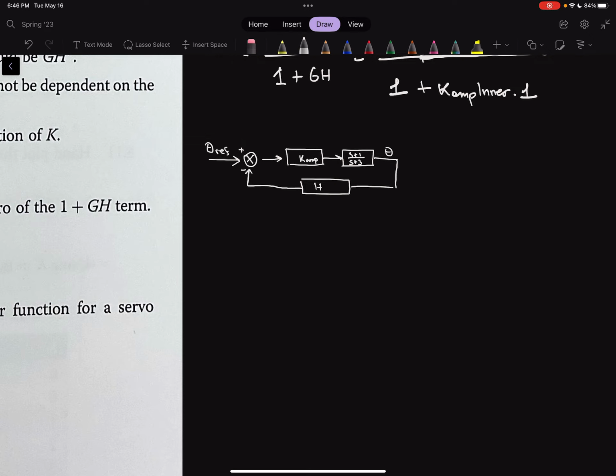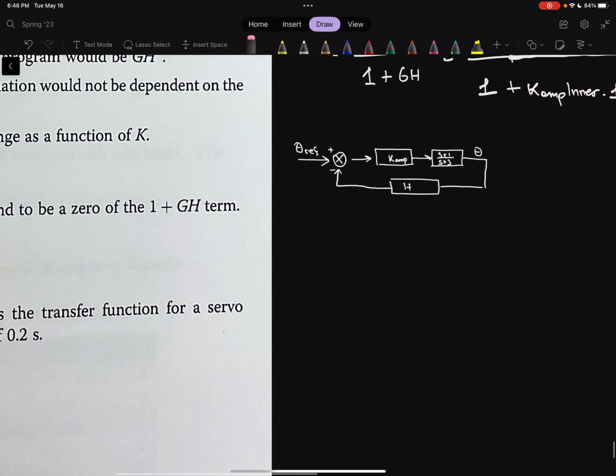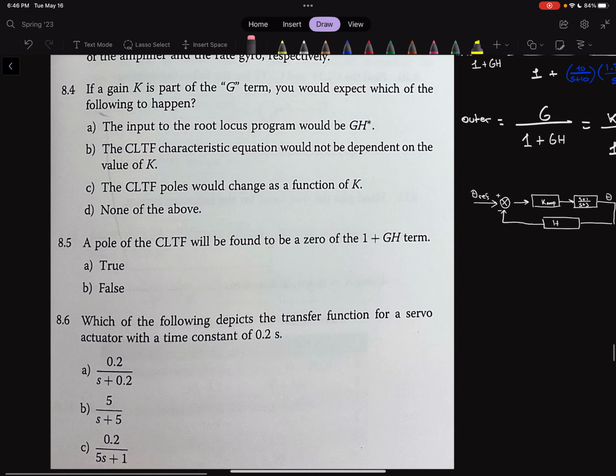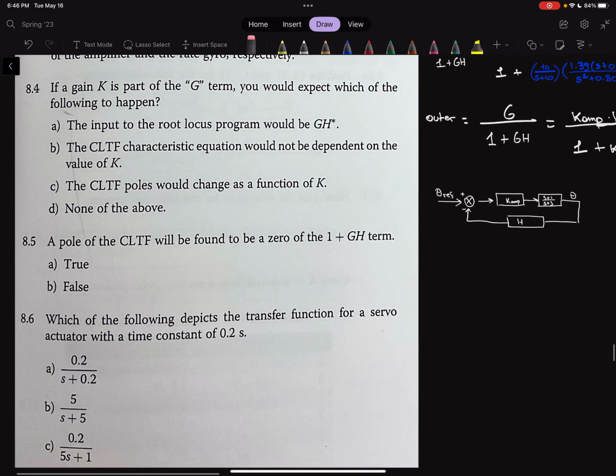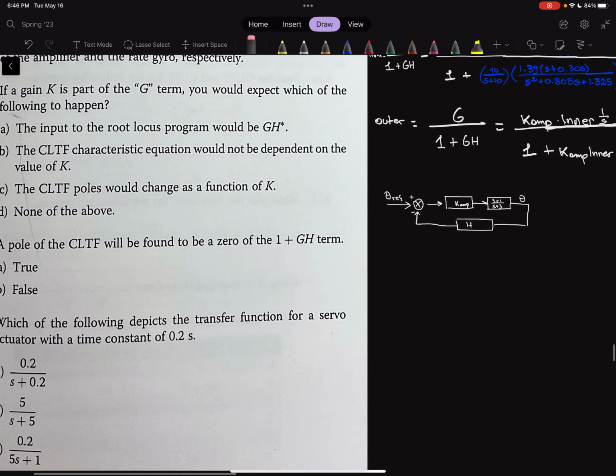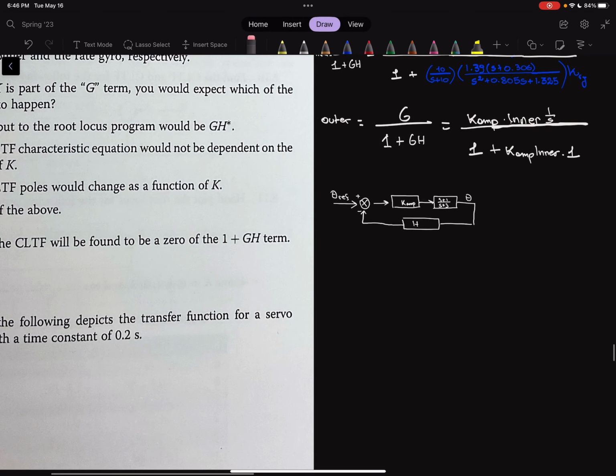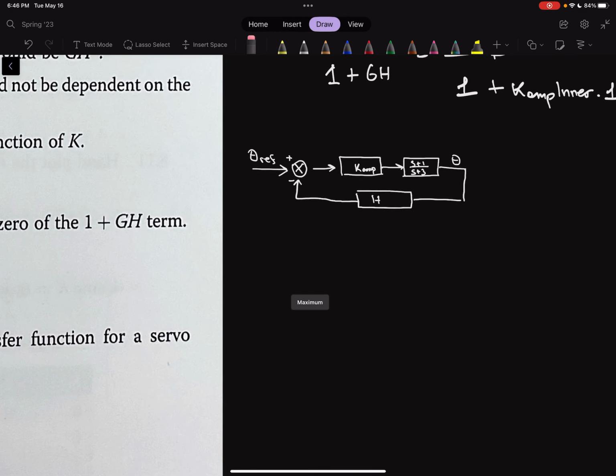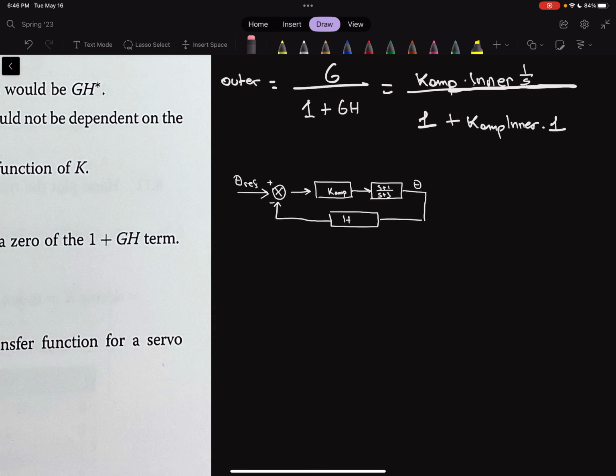Okay, so if I have k amp here, essentially, what you would expect to happen, the input to the root locus program would be g times h, where h doesn't have k. Well, k is not in h in the first place, because h asterisk means h with k taken out, but there is no k here.